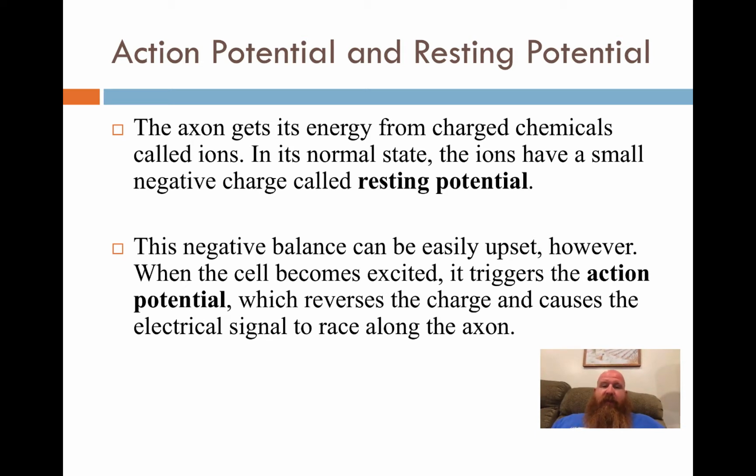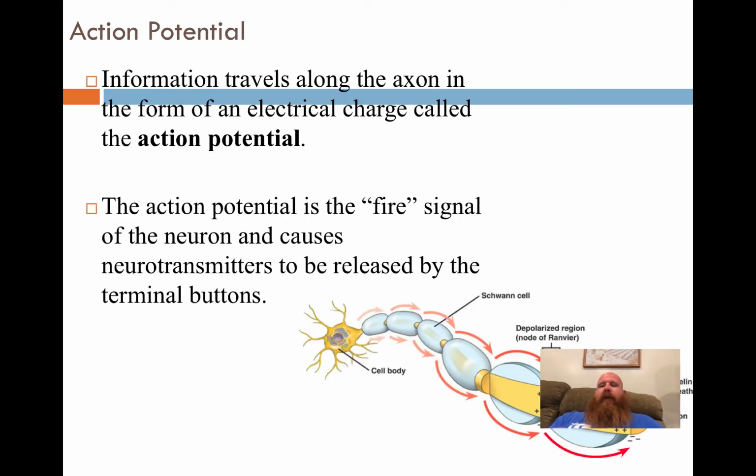When the cell becomes excited, it triggers the action potential, which reverses the charge and causes the electrical signal to race along the axon. When the cell decides to do its thing, this will switch from negative to positive and push the signal through.